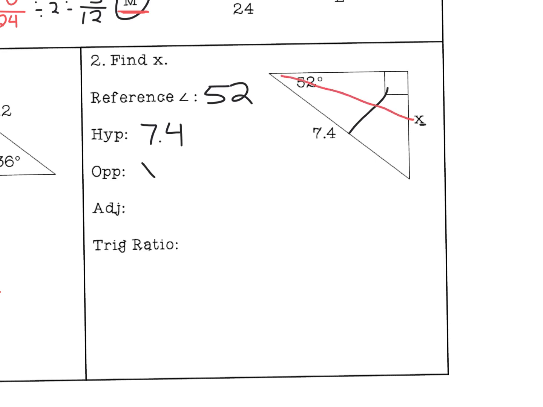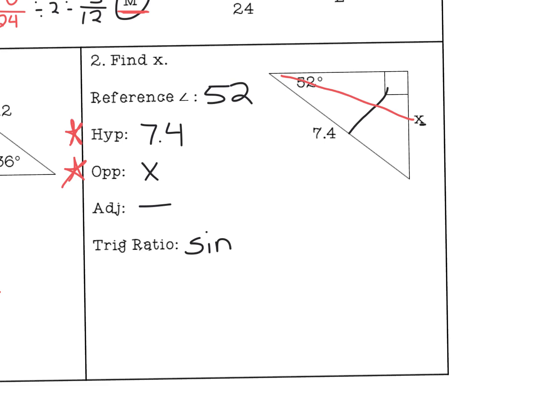So opposite is x. Do we have an adjacent? Remember adjacent is the side connected to it. So there's no adjacent. Out of those 3, what did they give us? The hypotenuse and opposite. Which trig ratio uses both of those? Sine.